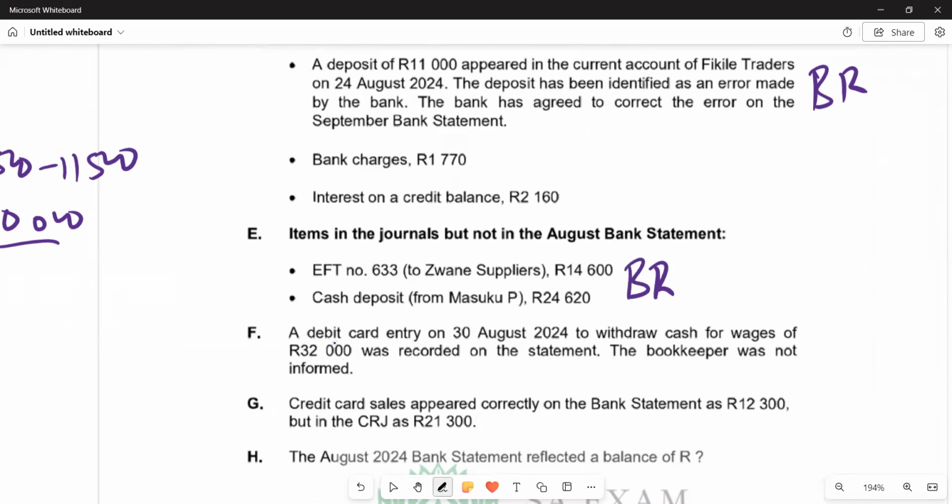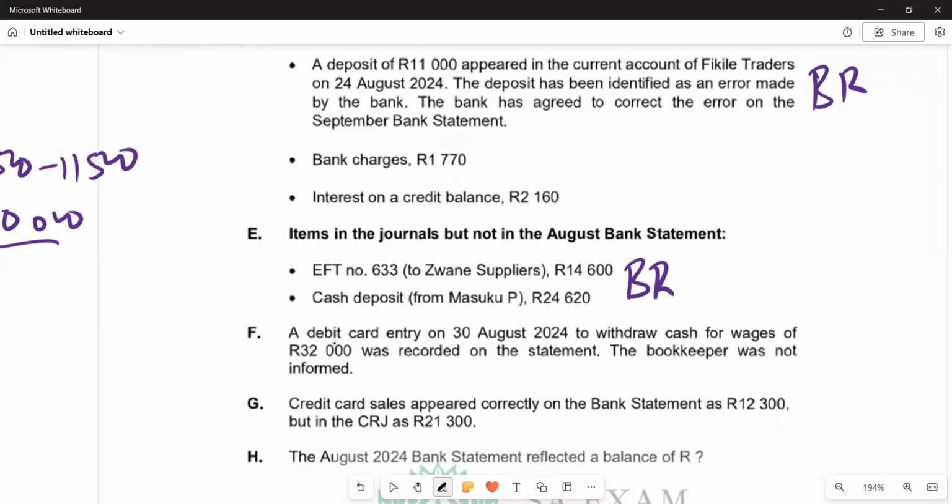So we go to F, a debit card entry on 30 August 2024 to withdraw cash for wages of 32,000 rands was recorded on the statement. The bookkeeper was not informed. So if the bookkeeper was not informed, it means it's not appearing in our journals, and it's a debit card entry.